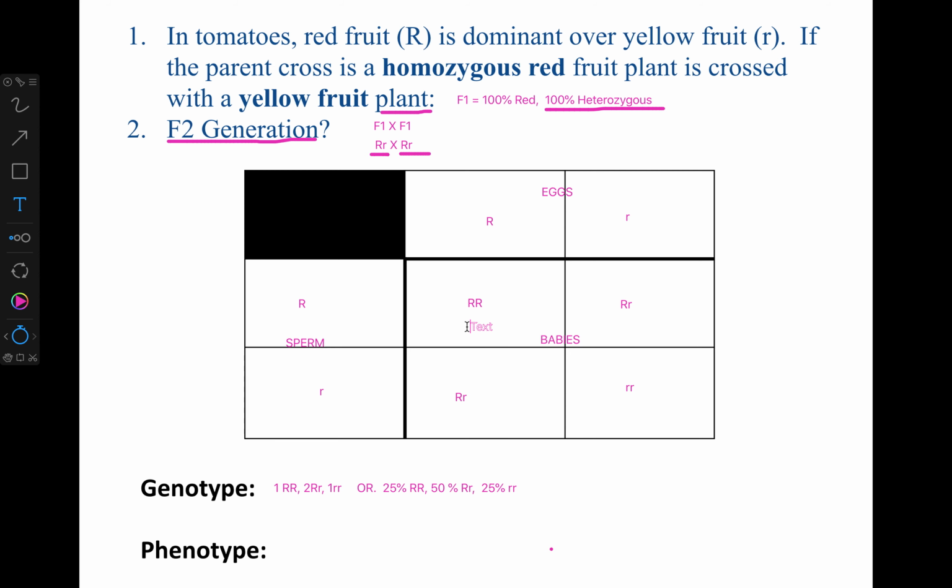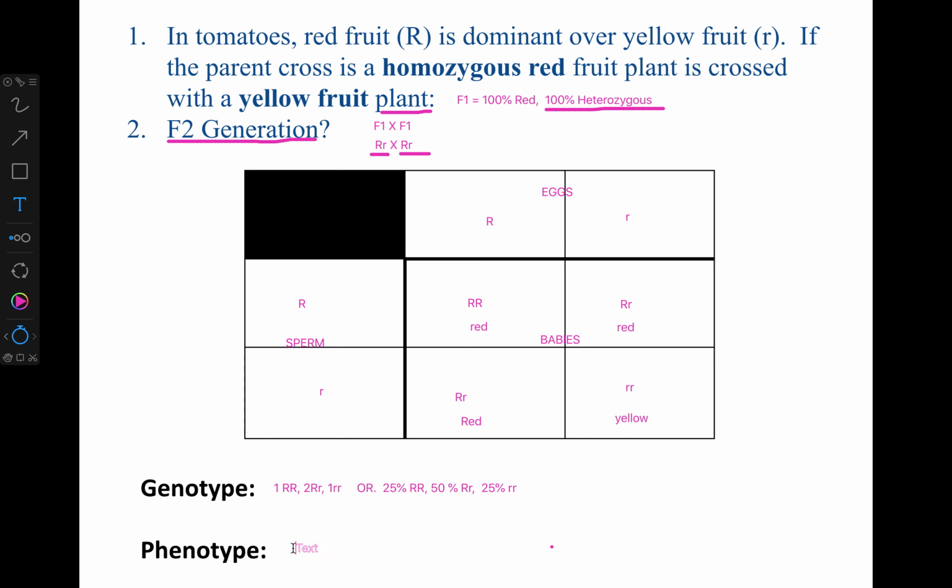So if it's homozygous dominant, we know it's going to be red. And if it's homozygous recessive, we know it's going to be yellow. But heterozygous has to be red, right? Because that capital is overriding the lowercase, because it's dominant. It's dominating the yellow. There's more red.